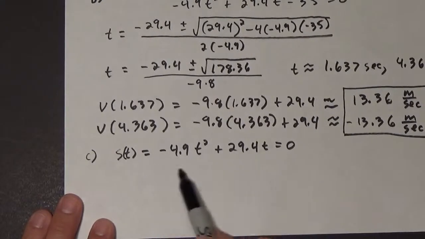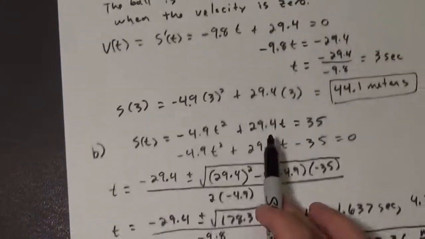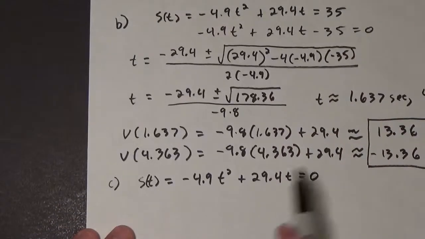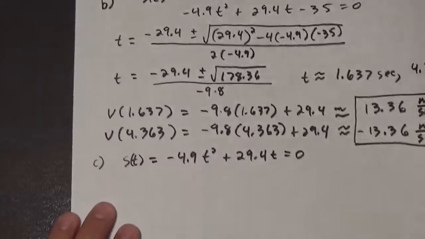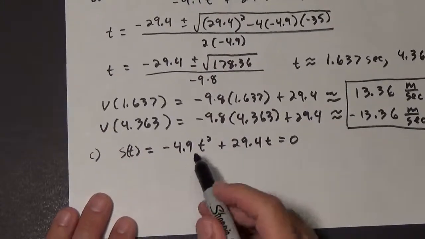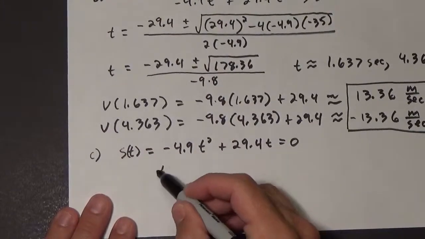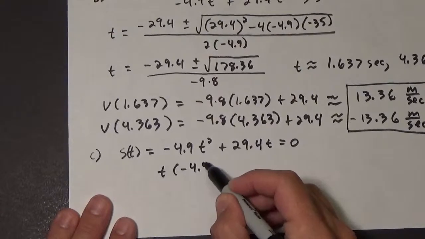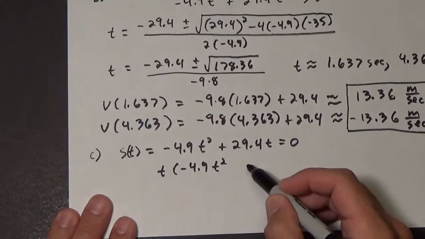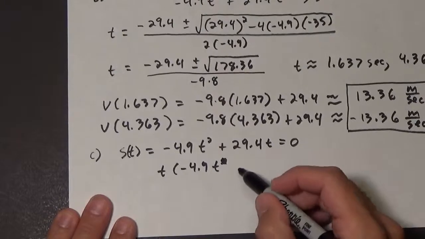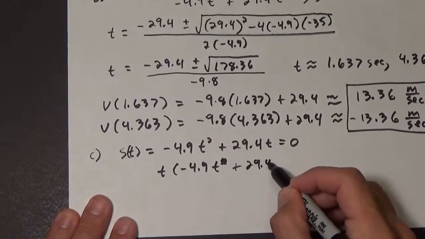And again, it's a quadratic, but this is a much easier quadratic than we had up here, because we don't have a c term, so we'll just factor out a t, a common factor. So we have t times negative 4.9 t plus 29.4.